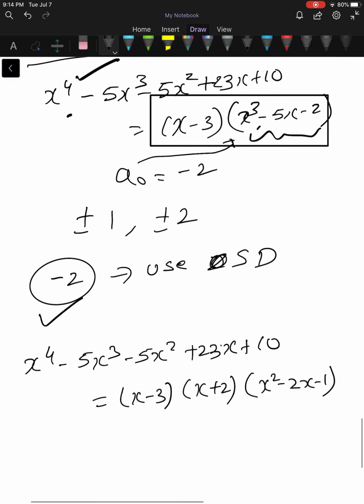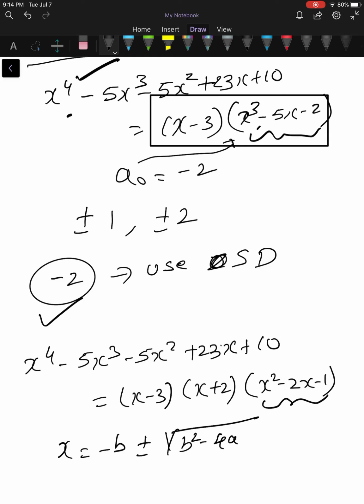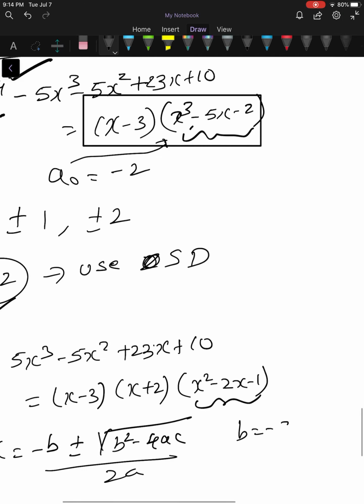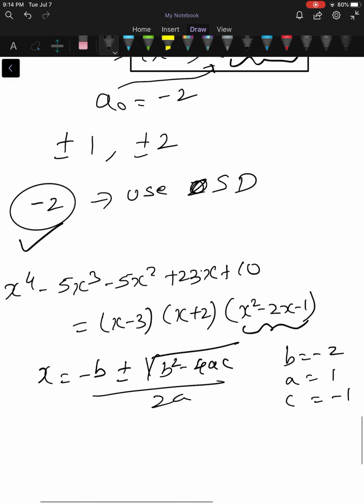Okay, so now this is a proper quadratic equation. So one such quotient is the quadratic equation. Now you can use the quadratic formula, that is x is equal to -b plus or minus square root of b square minus 4ac divided by 2a, where b is -2 and a is 1 and c is -1.